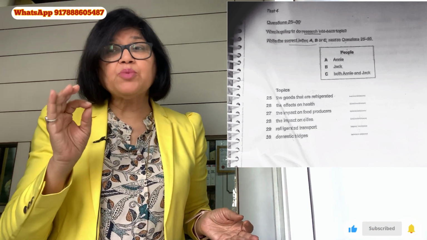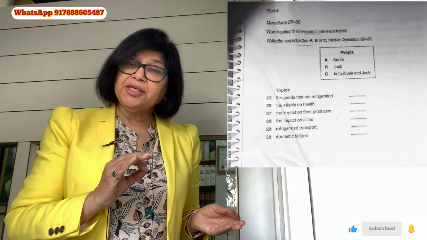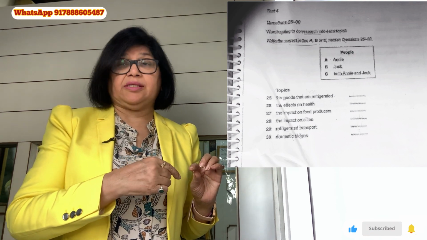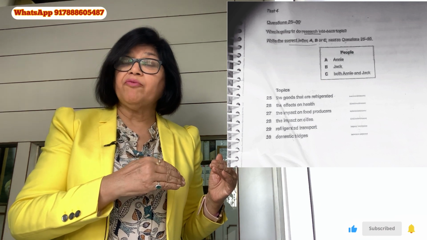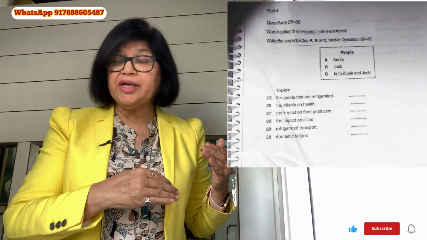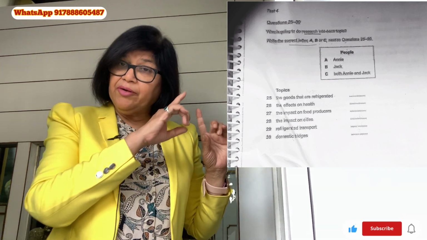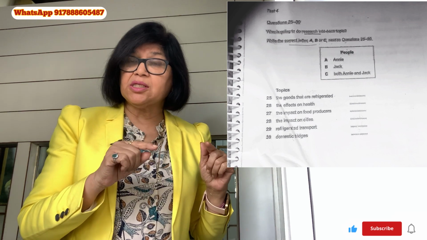Now the best point of this matching is that they will say those words from the topic, so that you come to know they have gone from 25 to 26 or 27 or 28. You can even read it here, and I'll read the topics to you.